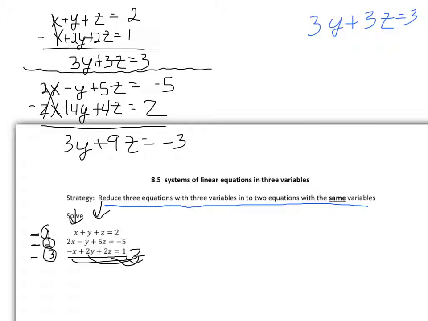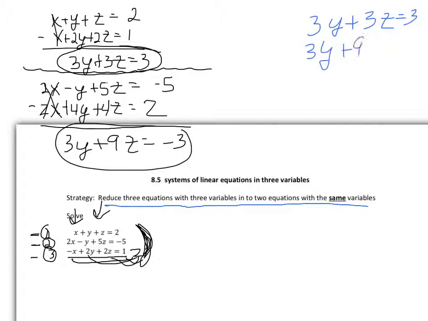Notice, we added 2 of these equations together, and we got rid of the x's. We put this equation over here, 3y plus 9z equals negative 3. So the idea is we've taken the system that has 3 variables and 3 equations and turned it into something that now just has 2 variables and 2 equations.